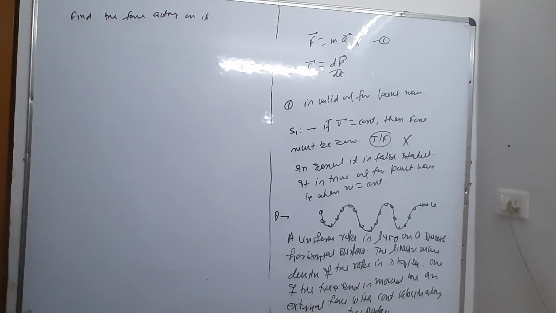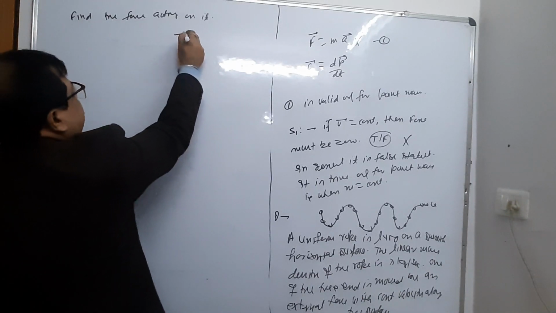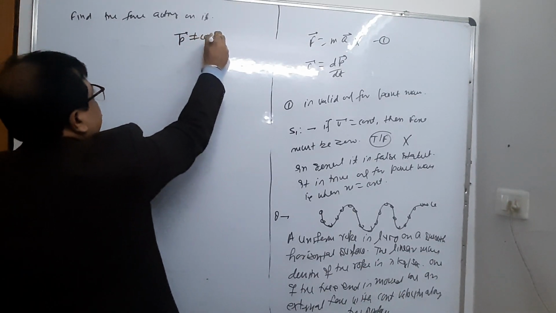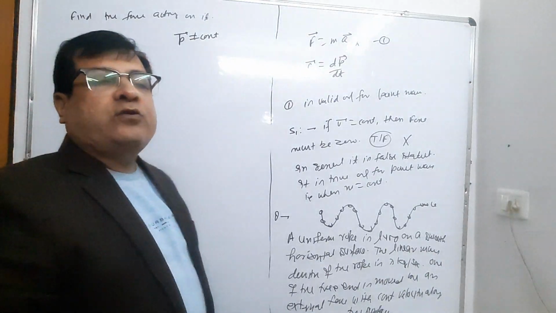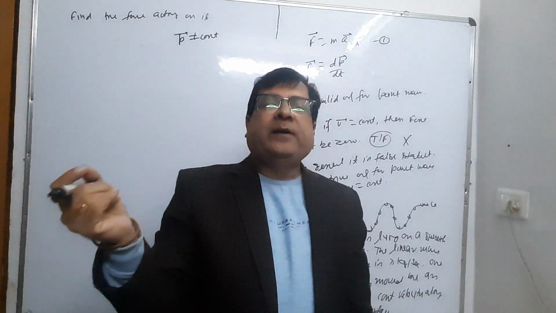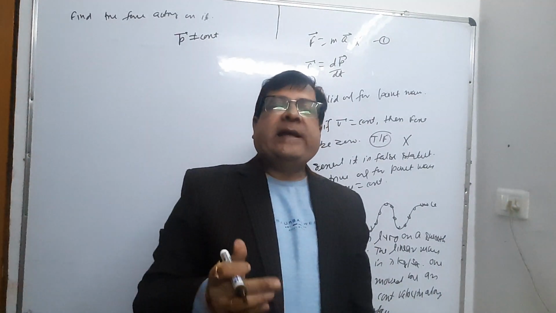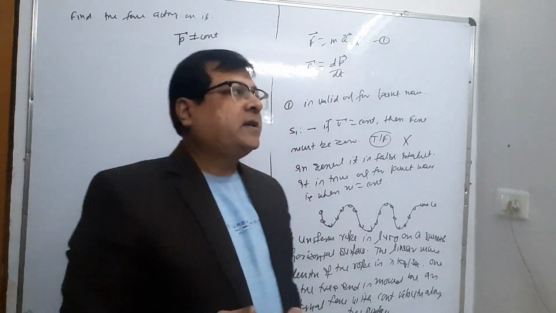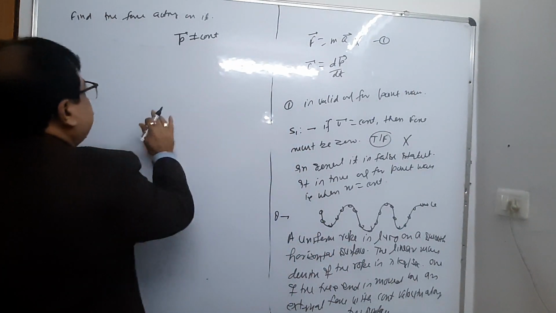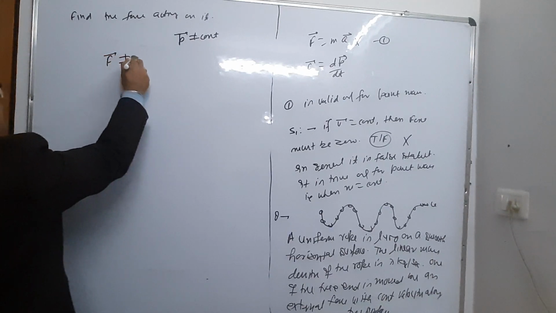So see, here momentum is not constant, P is changing because every time masses are added into the system, and hence your momentum is not constant. So if momentum is not constant, the force is non-zero.